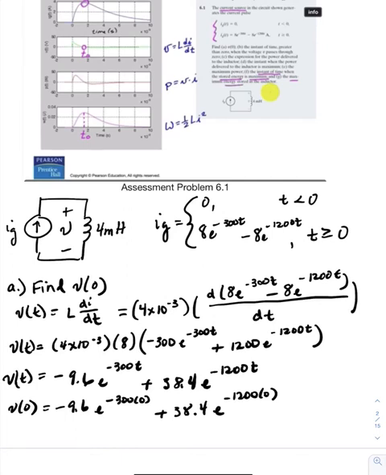We know that e to the 0 is 1, so this would be minus 9.6 plus 38.4. So 38.4 minus 9.6 is 28.8 volts.